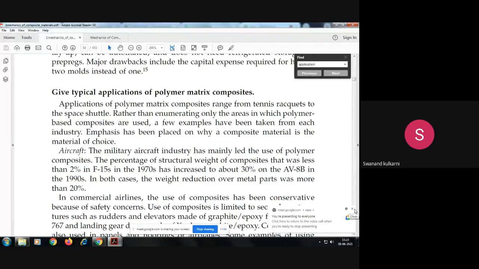So see, during last lecture, we started with the introductory part of the composite material. Starting with the introductory part, we have seen the definition of composite material, how composite material is different from pure metal or alloy, how it is distinguished from alloys.